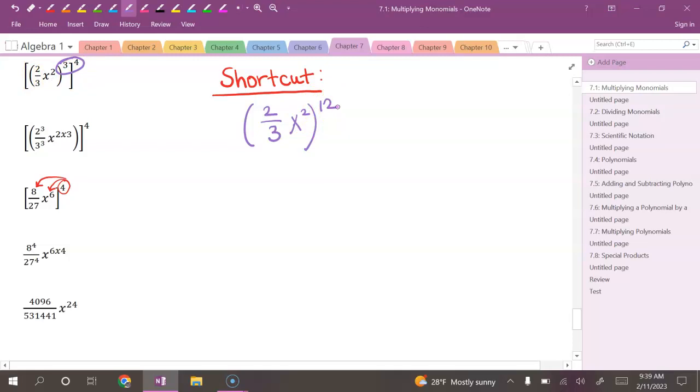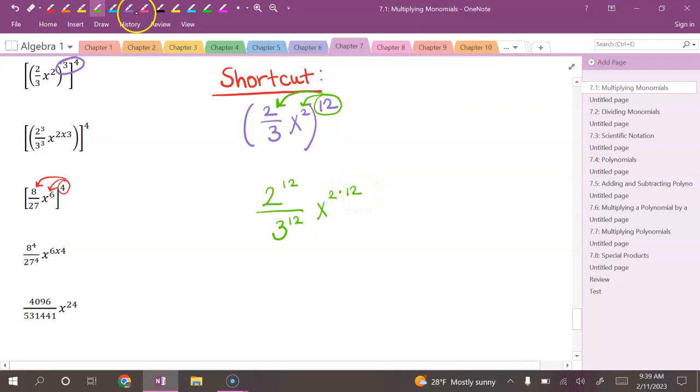Okay? Now, this looks just like the problem that we were just dealing with. The only difference is that, yes, I did throw a fraction in here at you. But that 12 now is going to get used for the fraction and for that x. So we have 2 to the 12th power, 3 to the 12th power, and then for your x, you're taking the 2 exponent times 12.